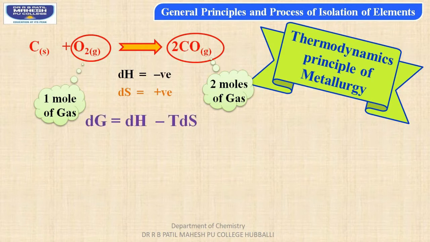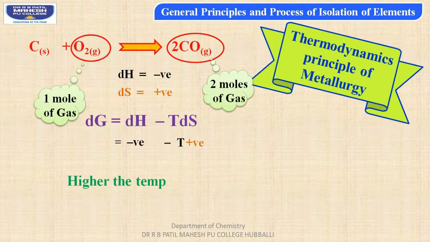And students, using the equation change in Gibbs free energy is equal to change in enthalpy minus absolute temperature into change in entropy, this would result in, as the value of change in enthalpy is negative, followed by minus T, and the delta S value is positive, that is change in entropy is a positive value.